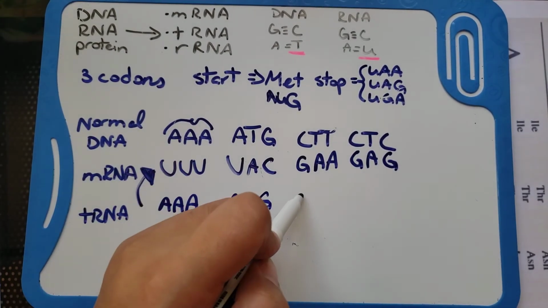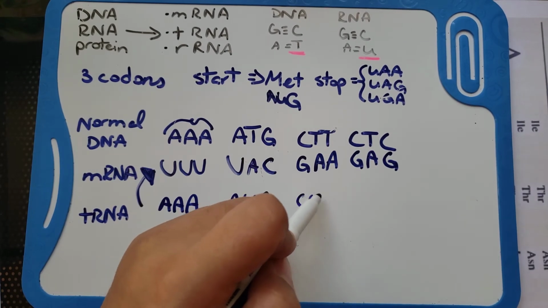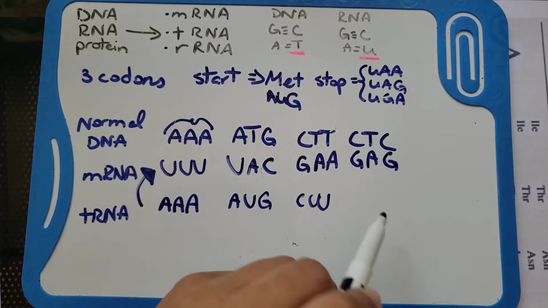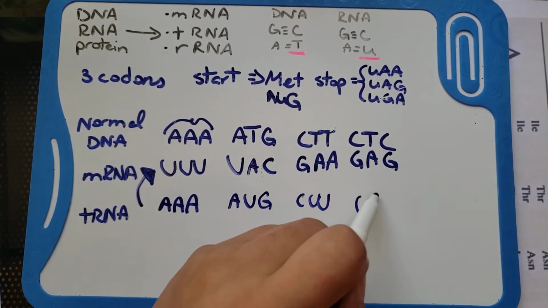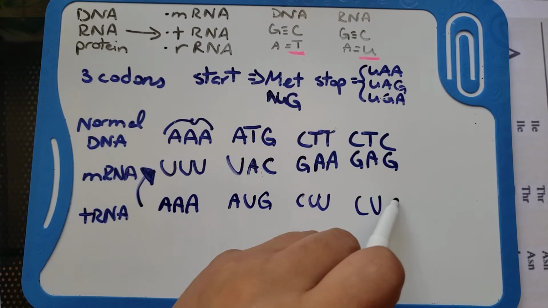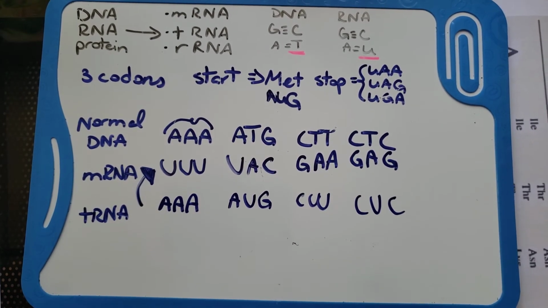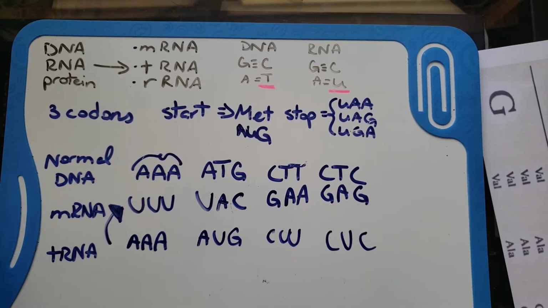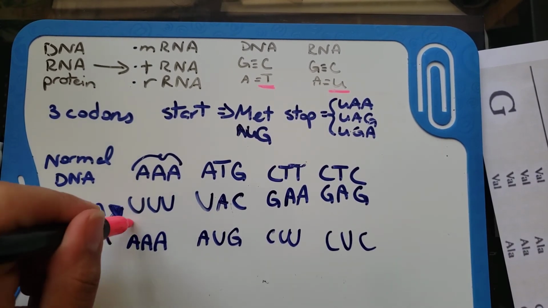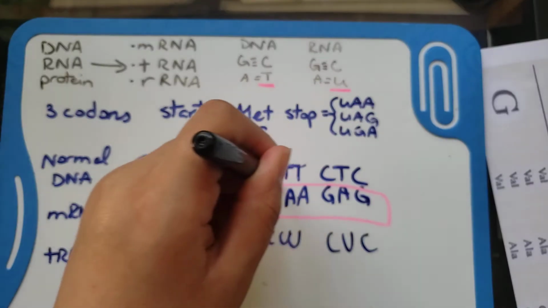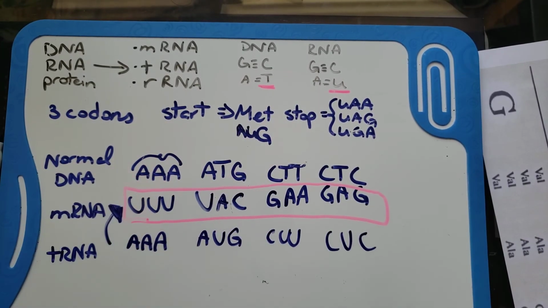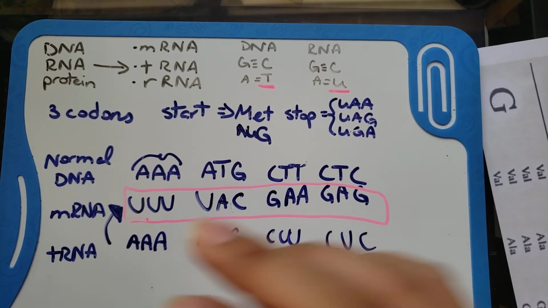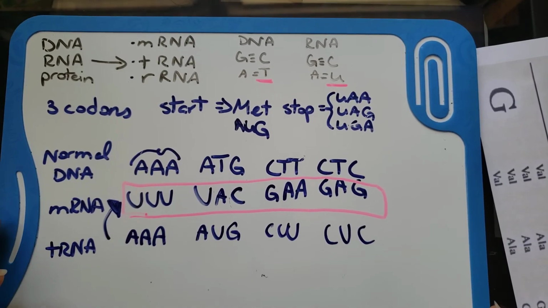Then a G, a C, a U, and then a C, a U, a C. When you're figuring out what the protein is, you're using this. The anticodon is just bringing the appropriate amino acid over. Hopefully you guys can see that.